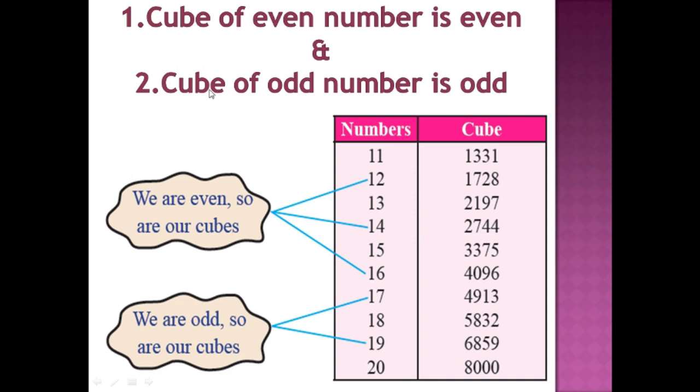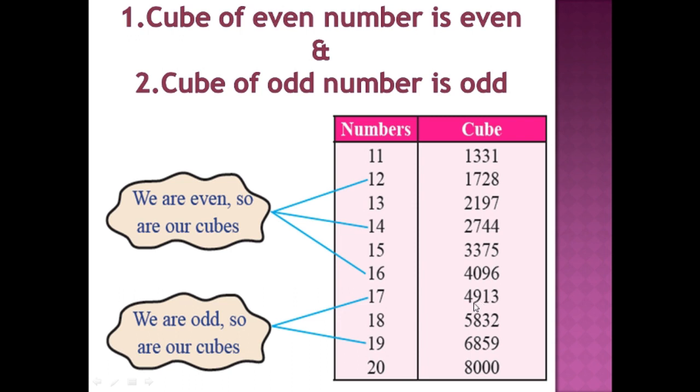Second, the cube of an odd number is odd. Now we are going to choose odd numbers. Suppose we have taken here 17, any odd number. These numbers can be any, 11, 13, 15. I have chosen 17. The cube of 17 is 4913.